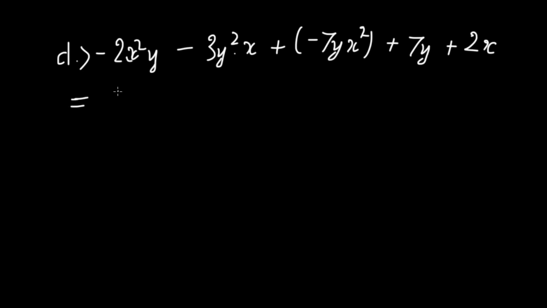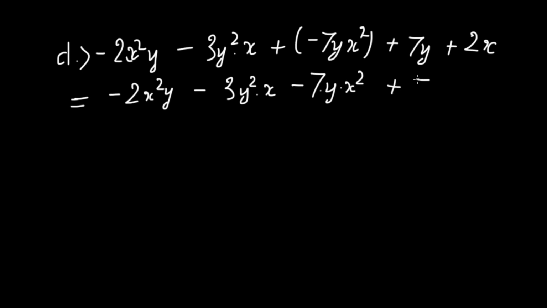First, we put everything down. Negative 2x squared y minus 3y squared x. And then you see plus negative 7yx squared, equal to negative 7yx squared. Put 7y and 2x down.